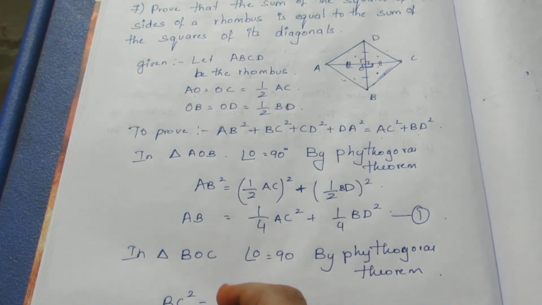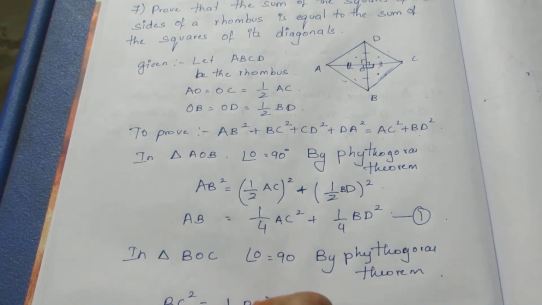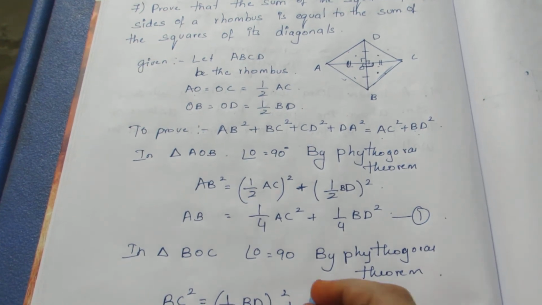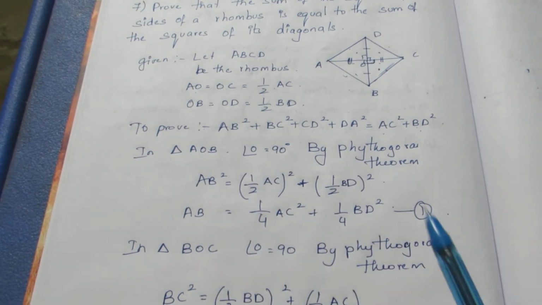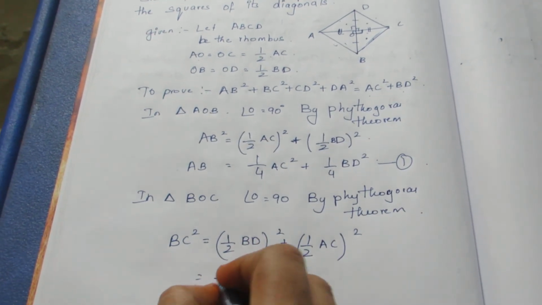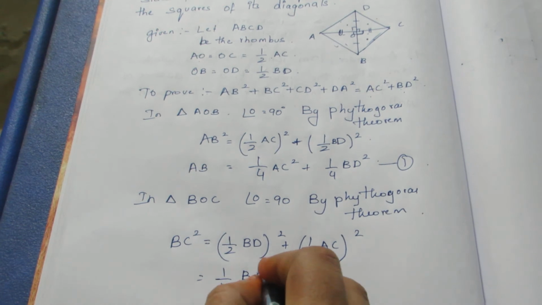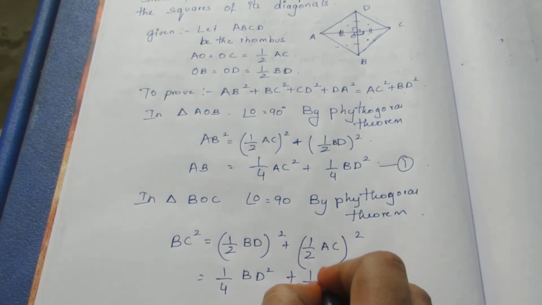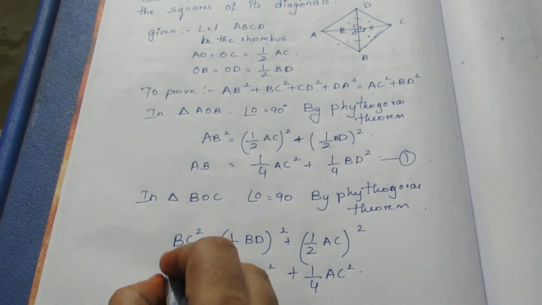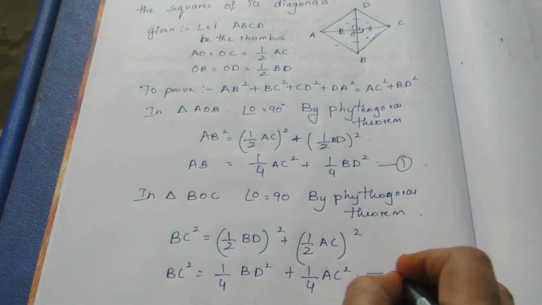Instead of OB we can write half BD, the whole squared, plus half AC, the whole squared. While squaring everything you need to square the 2 also, giving 1 by 4 AC square. Now mark this as equation 2.